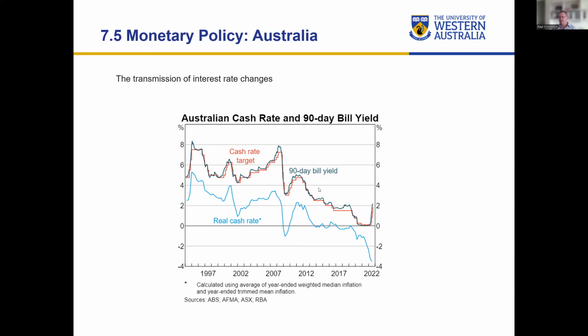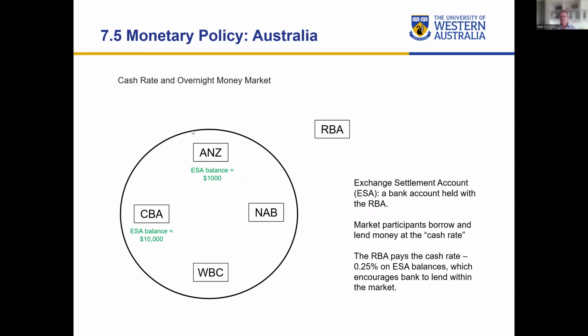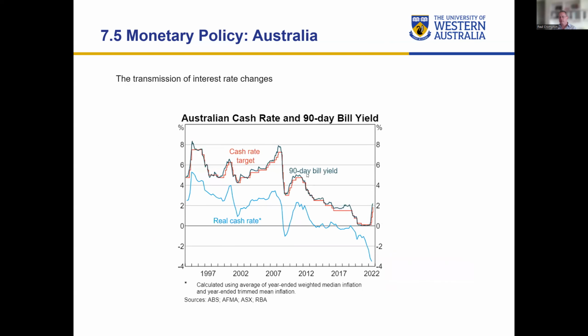Now, the reason that we gave for that previously was that the cash market, the market for one-day borrowing, and the 90-day bill market are substitutable markets.